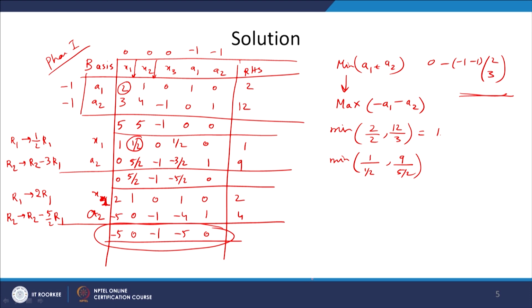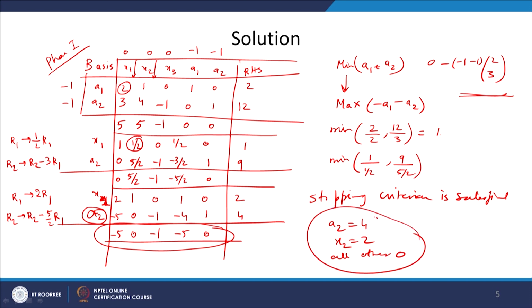This means that the stopping criteria has been satisfied. However, we find that A2 is still there in the basis, because this BFS is A2 equal to 4, x2 equal to 2 and all others 0.